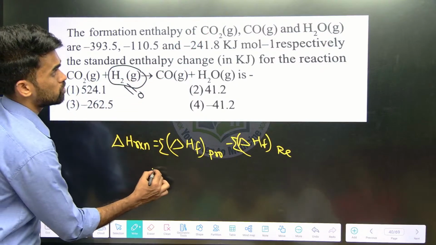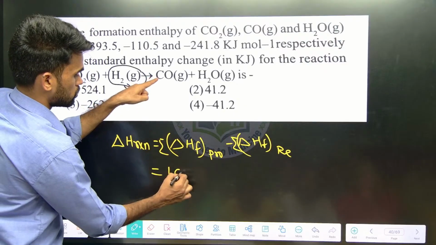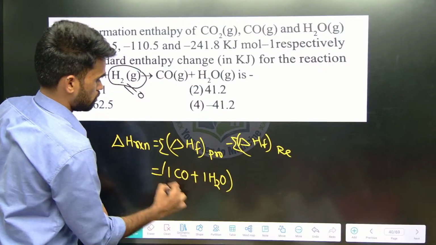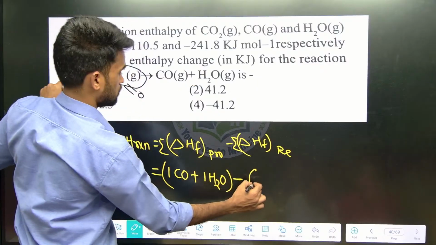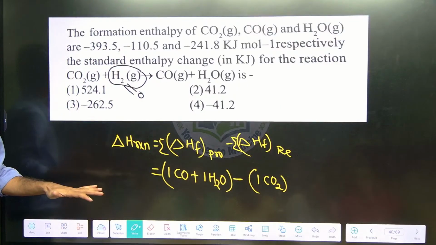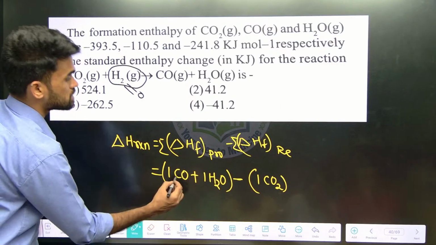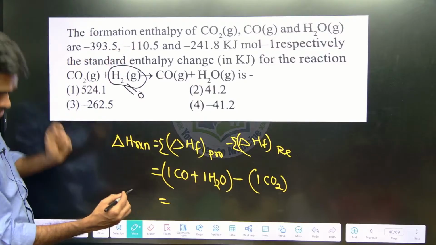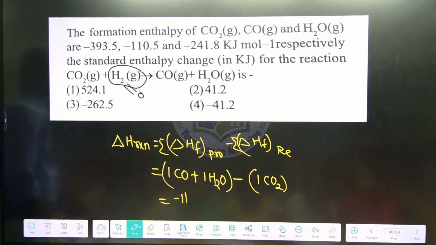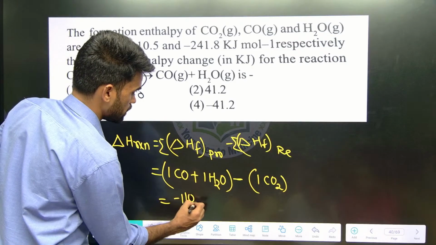How much for CO? 1 CO plus 1 H2O minus 1 CO2. That's it. So now what is the value of CO? Second one, minus 110.5.